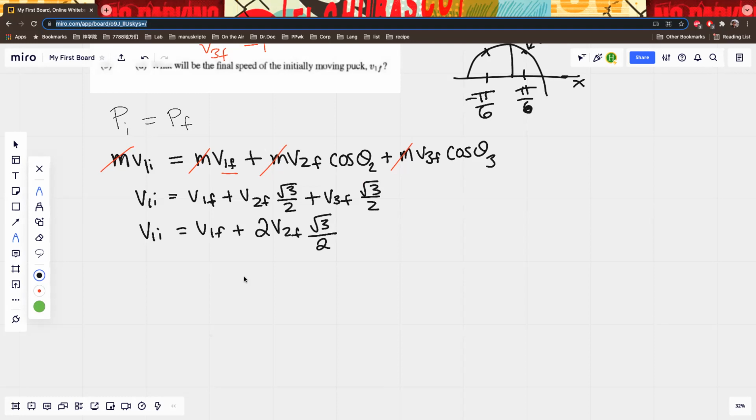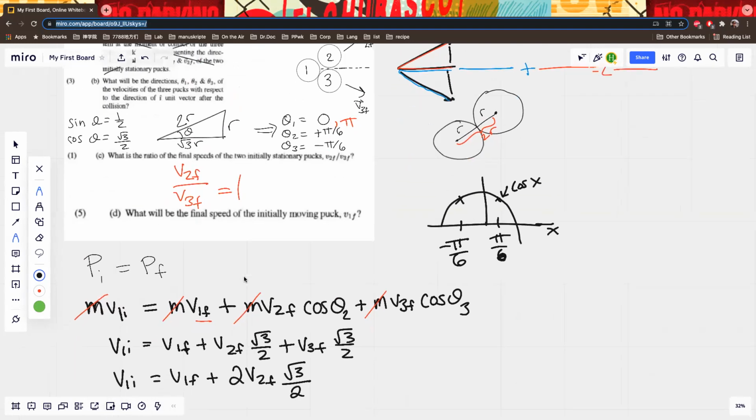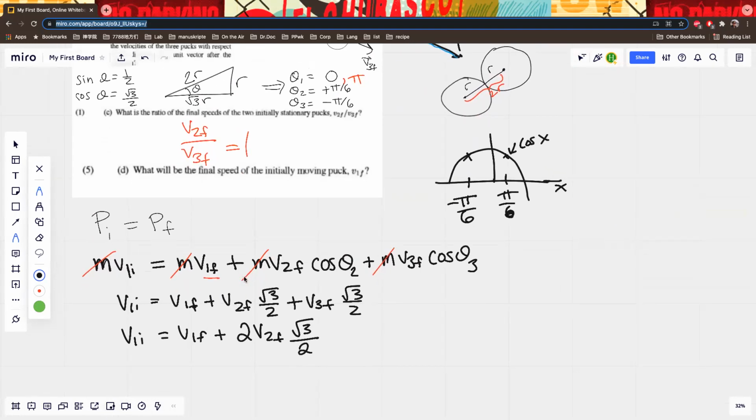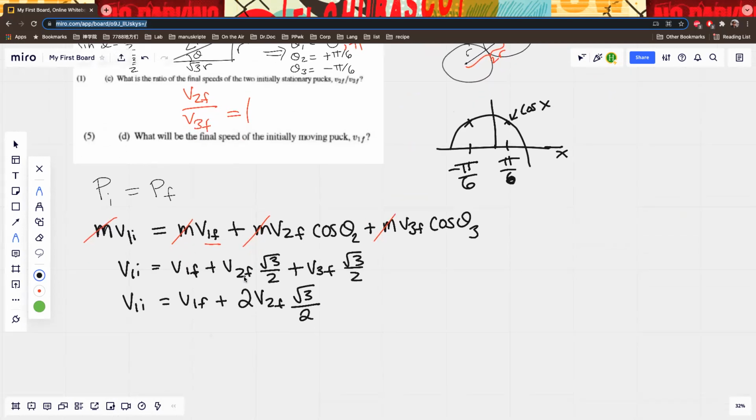Could you help me a bit? Okay, well, we can use conservation of energy. We've used conservation of momentum. Now we can use conservation of energy. Okay, so how about we do that? Energy initial equals energy final.